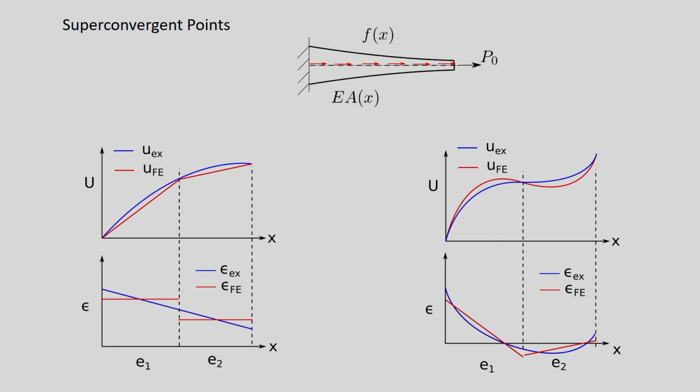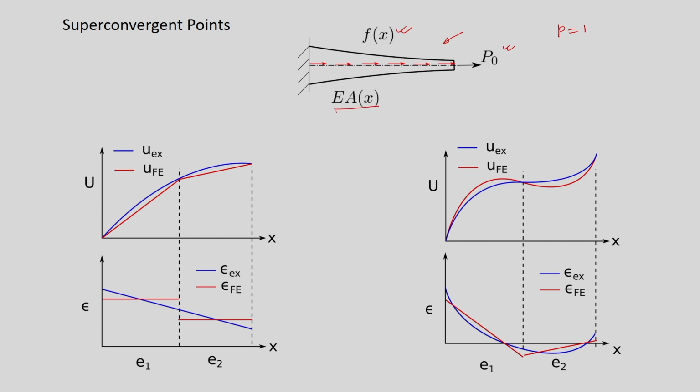As shown in this figure, there is a bar having the modulus of elasticity E and cross sectional area A that can vary along x. There is an end load P0, and a body load distributed over the length of the domain as Fx. Now, in this case, suppose we take the degree of the shape function as 1, linear shape function, as you have seen, these are linear hat functions.